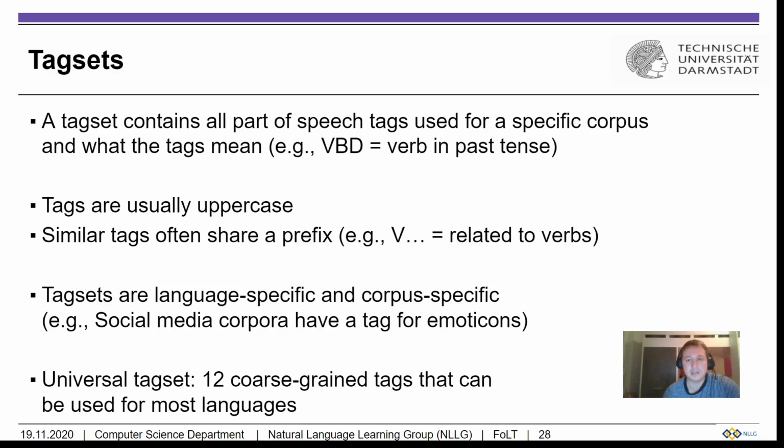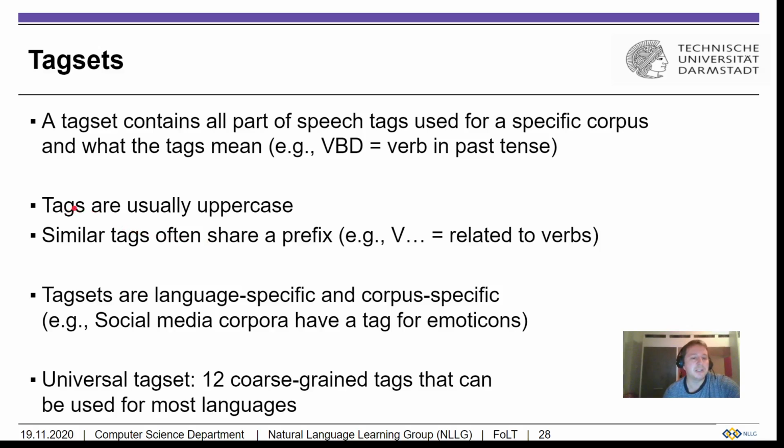Some tag sets may not distinguish between verbs in past tense versus verbs in present tense, but they will only have, let's say, V for verbs. But in this case, this particular tag set that we would be dealing with has such a tag for the situation of verb in past tense.